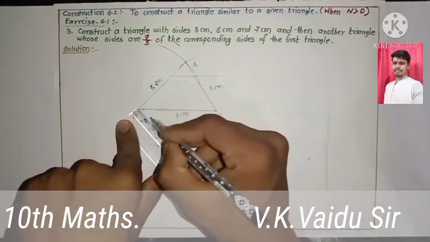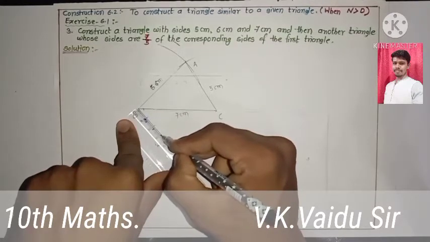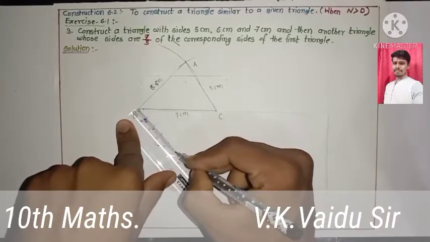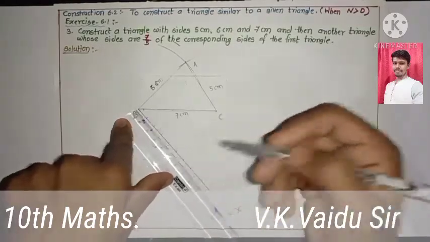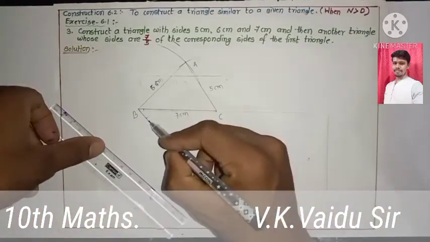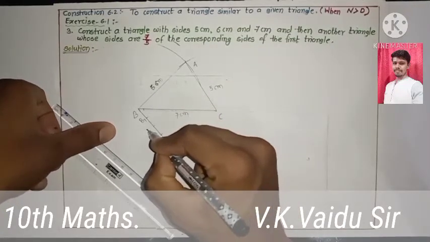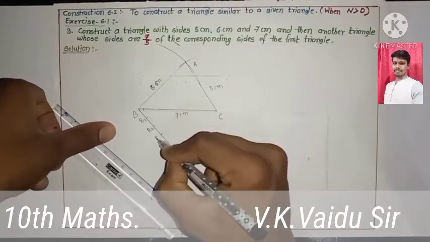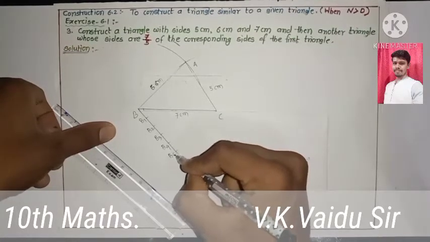I took 1 cm each: 1, 2, 3, 4, 5, 6 and 7. These 7 equal points we took, and name them B1, B2, B3, B4, B5, B6 and B7.